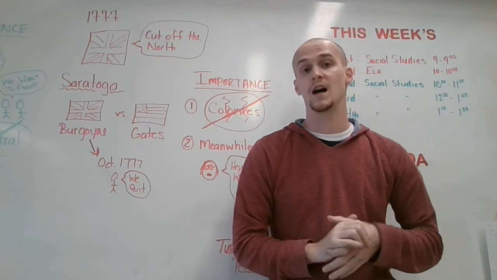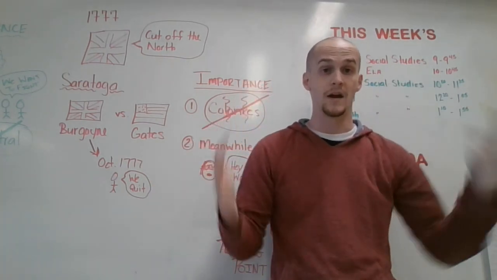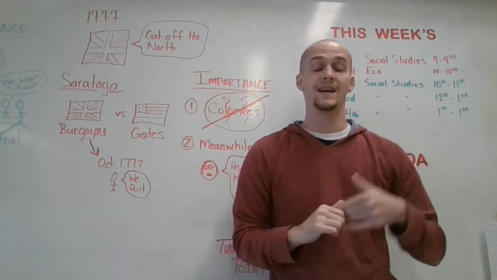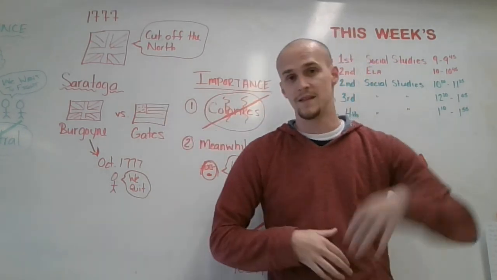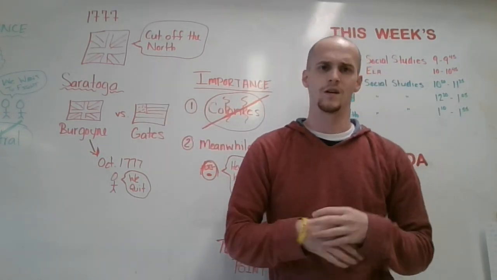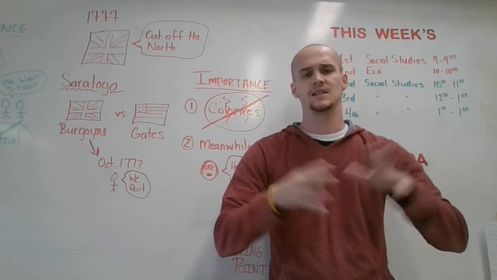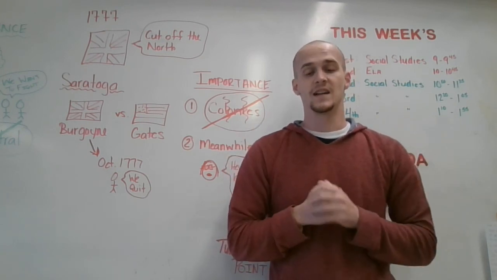And you're going to see why, again, this isn't just West England. This is America, because we win this Revolutionary War. And we're going to discuss why that is. We're going to discuss some major people. We're going to discuss the role of women, the role of African Americans in this war. A lot of things that aren't really talked about in history textbooks. We're going to delve and dive and look and research into that as we move forward.